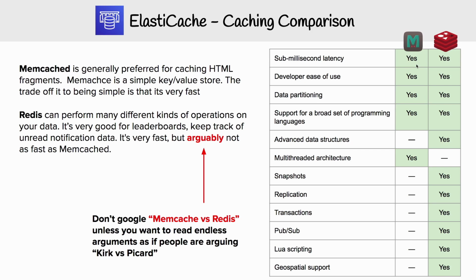Redis is going to be your choice there. It's very fast. We could argue about who is faster than the other, because on the internet, some people say Redis is overtaking Memcache even in the most basic stuff. But generally, for the exam, Memcache is considered faster for HTML fragments, okay? But it doesn't really matter, because on the exam, they're not going to really ask you to choose between Memcache and Redis, but you do need to know the difference.